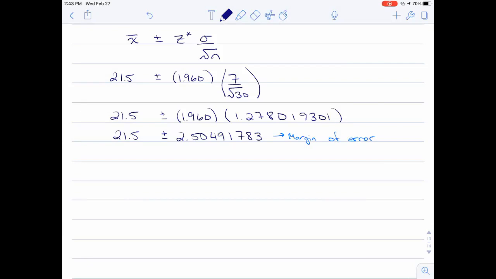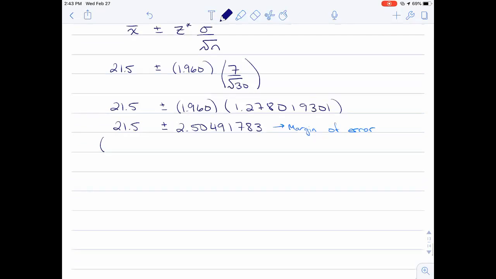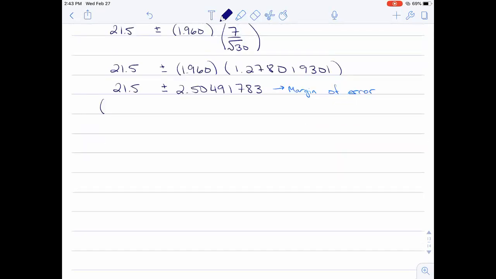21.5 minus 2.5, whatever. I'm going to write out all my decimals just to show where everything came from. But if you skip to the rounded answer right away, that's fine too.